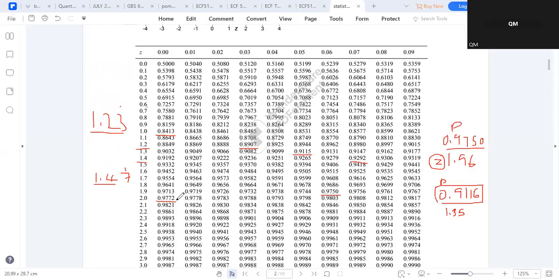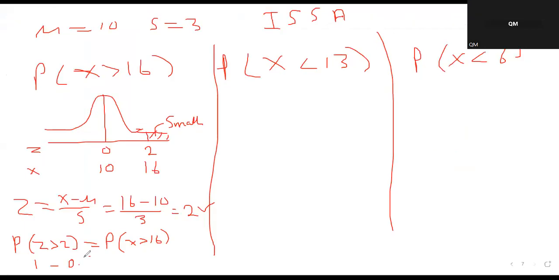Under 2.0, it's 0.9772. So the difference here, 1 minus 0.9772, here we get 0.0228. So it makes sense that this region is just 2%.